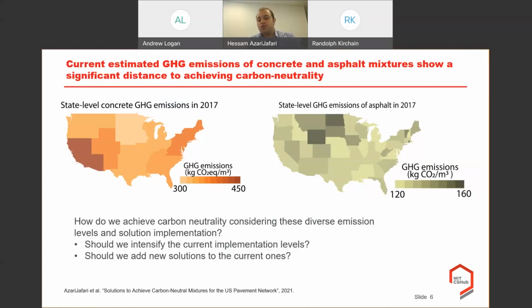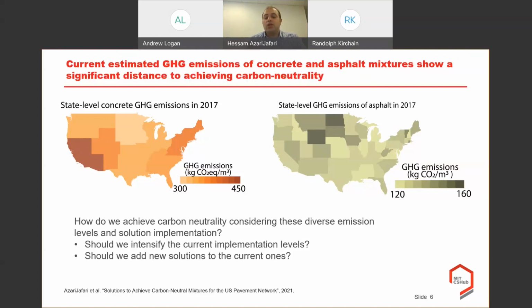Currently, the majority of the pavement network is surfaced with asphalt, so it's very important to incorporate asphalt in the analysis. On the other side, we have concrete, a durable material that has been used as the pavement surface layer for several years now.